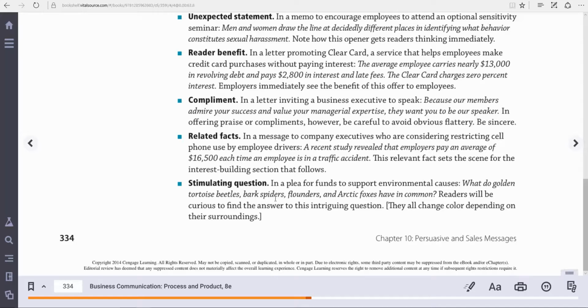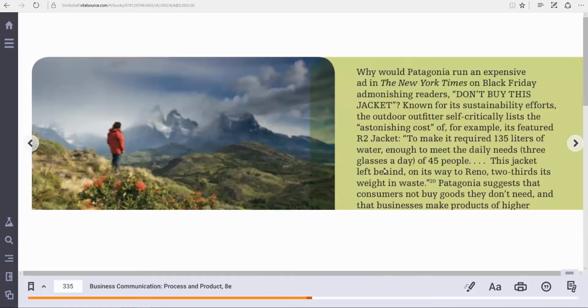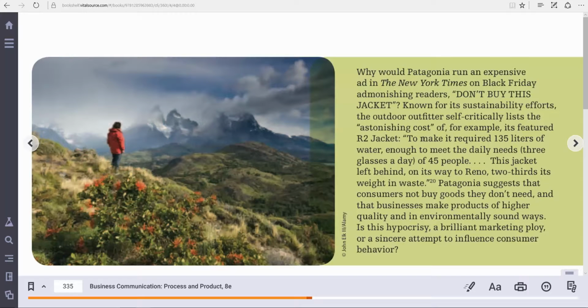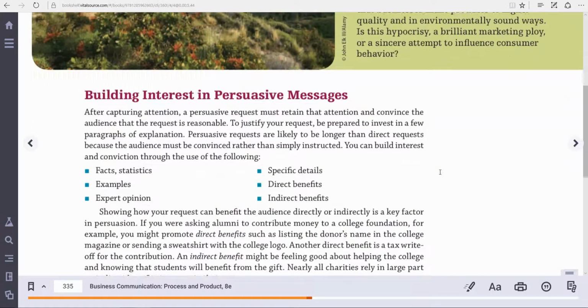In a plea for funds, what do golden tortoises, bark spiders, flounders, and Arctic foxes have in common? If you're a naturalist, that would definitely get your attention. So this is a sustainability and outdoor outfitter, where making a required item takes 135 liters of water, enough to meet the daily needs of 45 people.